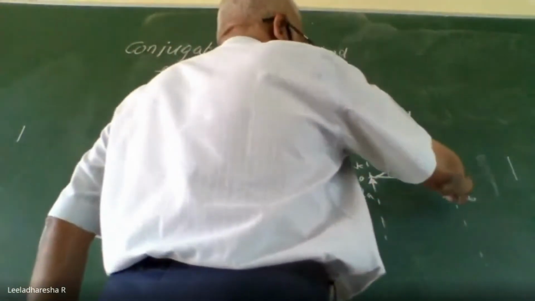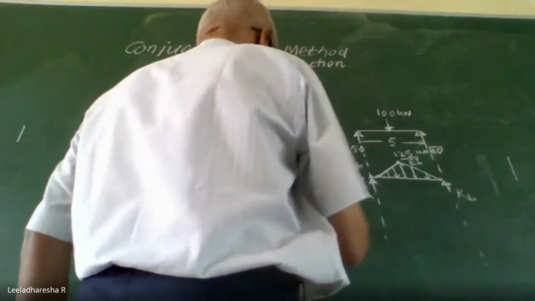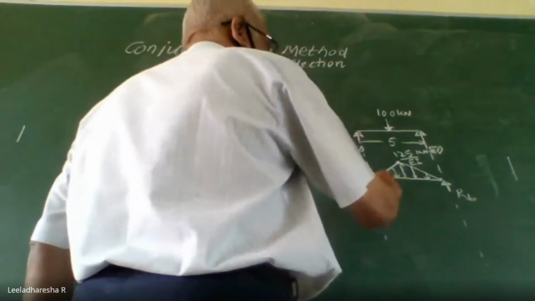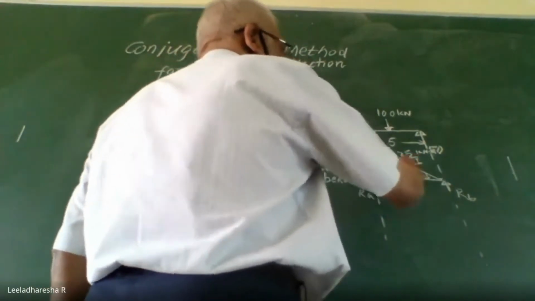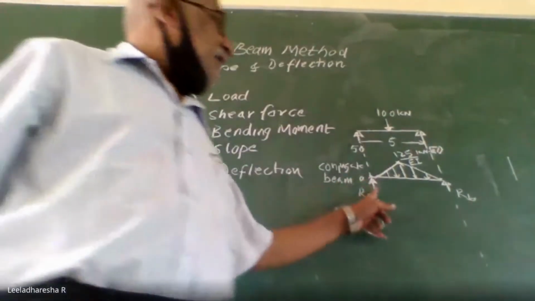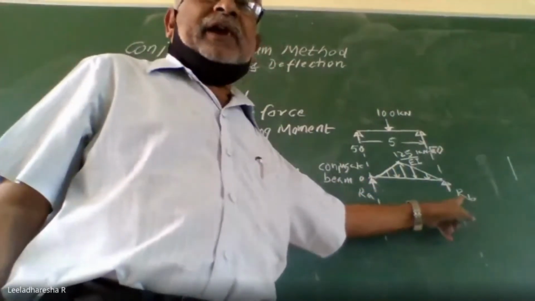Taking moment about this point, let us calculate the shear force. Again, because of symmetrical load, triangular load is a symmetrical load, RA is equal to RB.